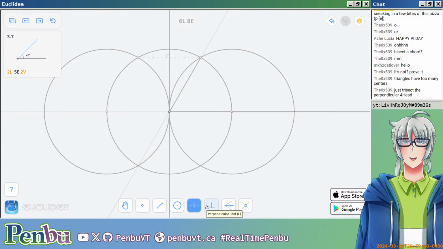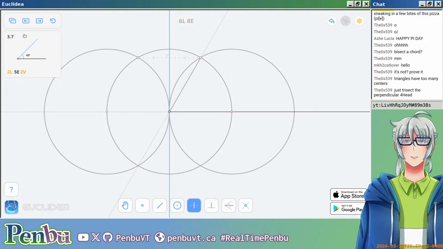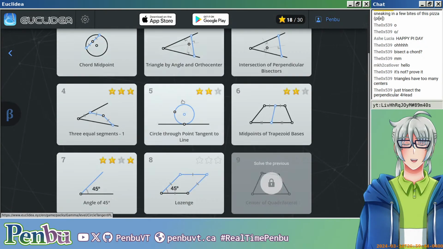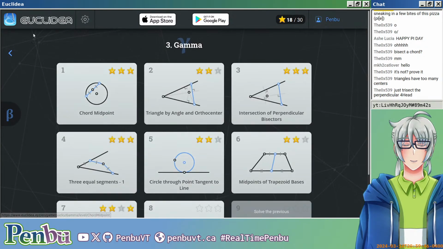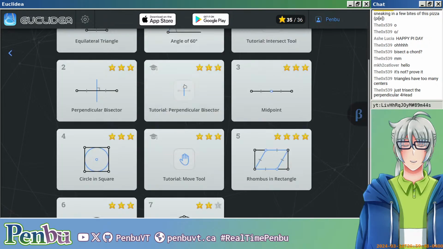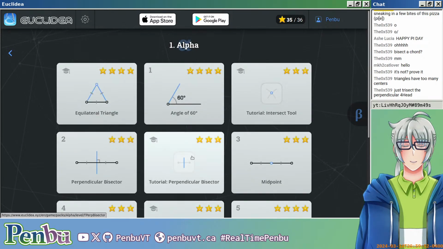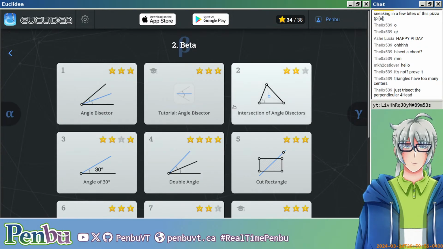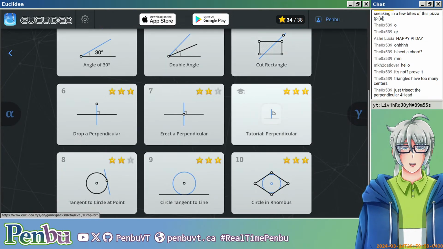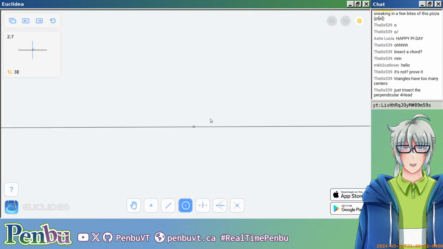Wait a minute. Is that how you do it? We're gonna go back to alpha. Not the inscribed square, where is it? Maybe it was in beta. Perpendicular.